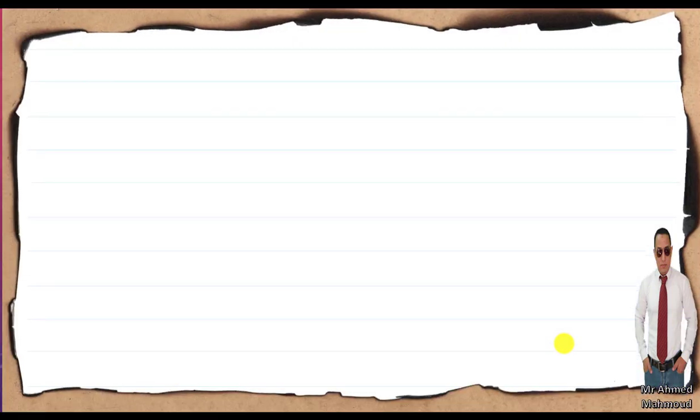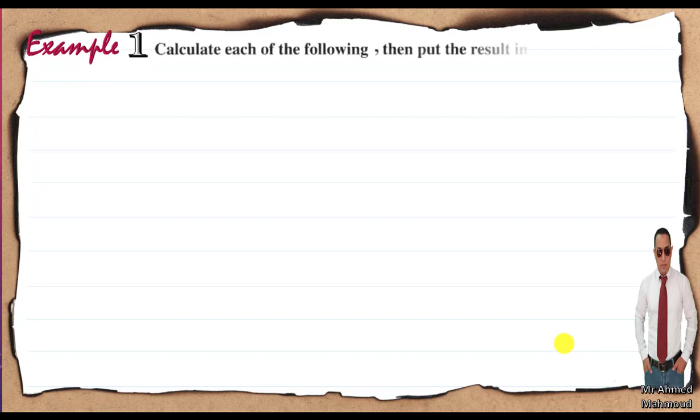In this example, calculate each of the following, then put the result in the simplest form. This question looks like what we studied in lesson 1, but in lesson 1 we had different bases. In this case we have the same base, 1 over 4 and 1 over 4.